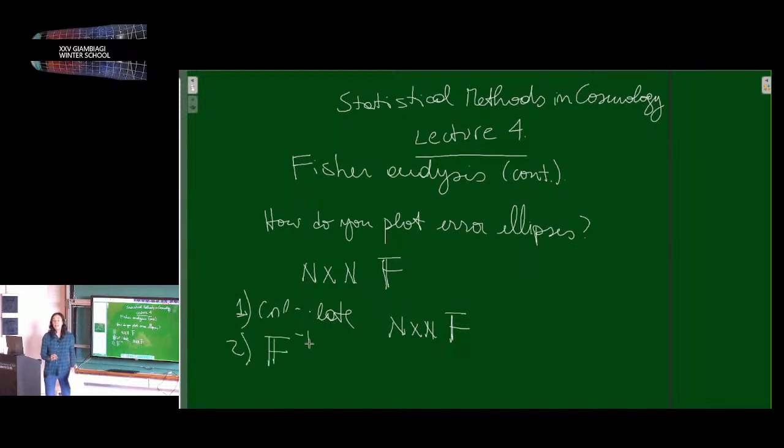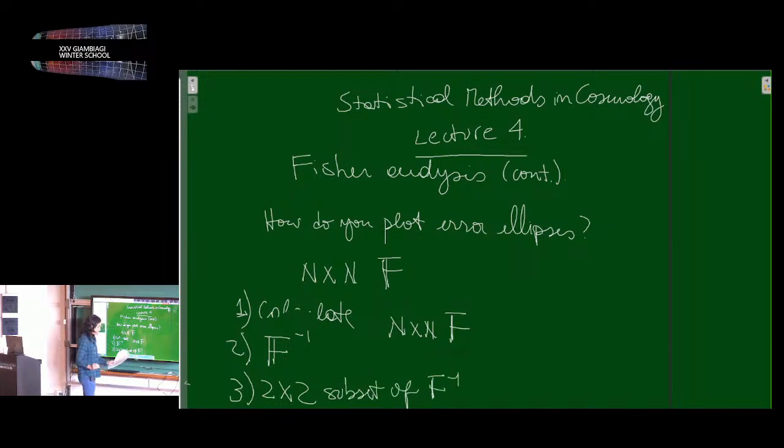okay? Then, if you're interested in a subset of 2 parameters, for example, okay, or 3 parameters, whatever you're interested in, you just take the subset that you're interested in. Say you're interested in 2 parameters, so you just take the 2 cross 2 subset of F minus 1, okay? Let's call that g minus 1, g to the minus 1, okay? This is the inverse of g. I will call that like this, okay?